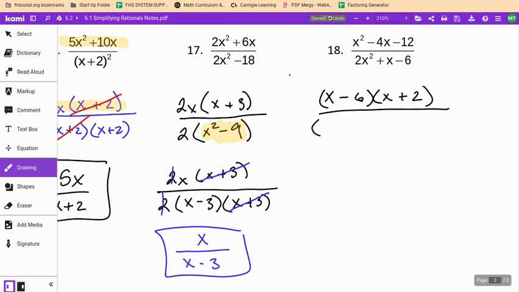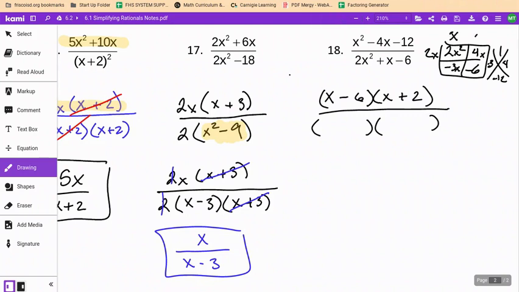Okay, and the denominator down here is going to factor to, let me see here, 2x squared, just doing the box method. Negative 6, it's negative 12, so the two numbers that go in there are 3, negative 3, and positive 4. And so that gives me 2x, is that GCF, x, 2, and negative 3.